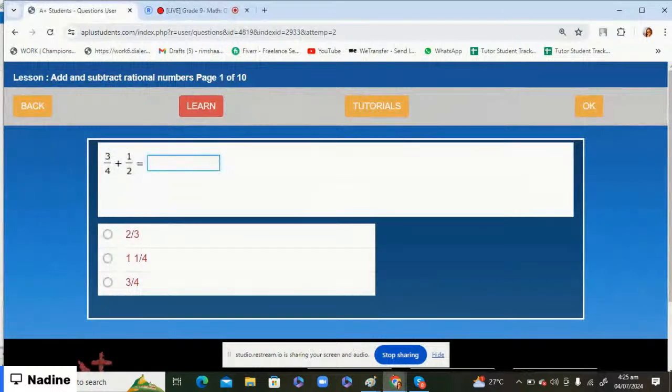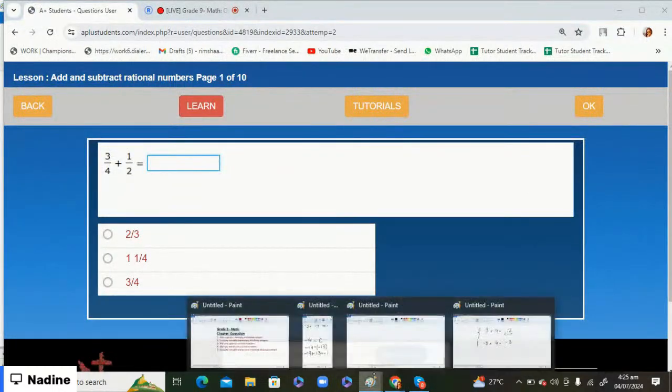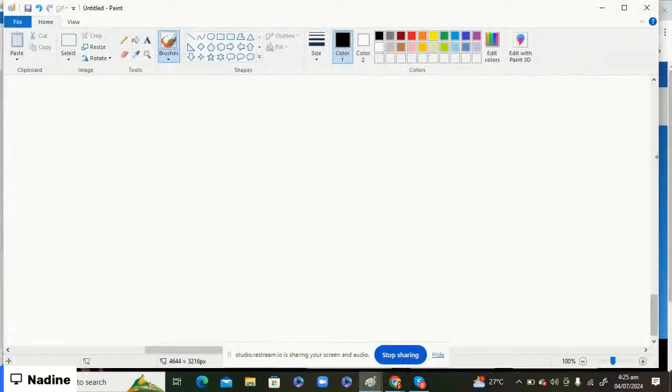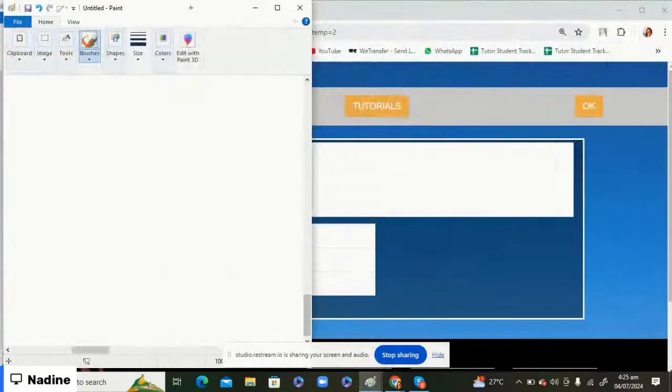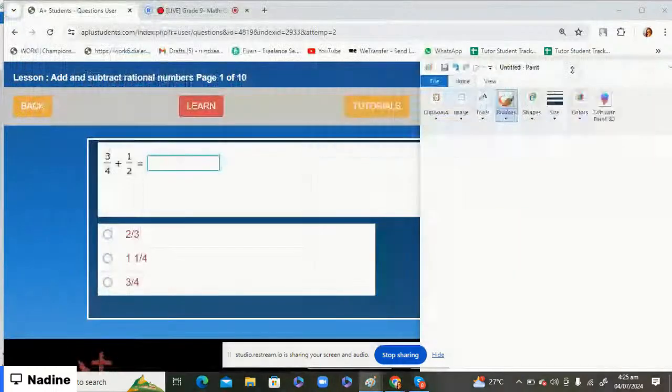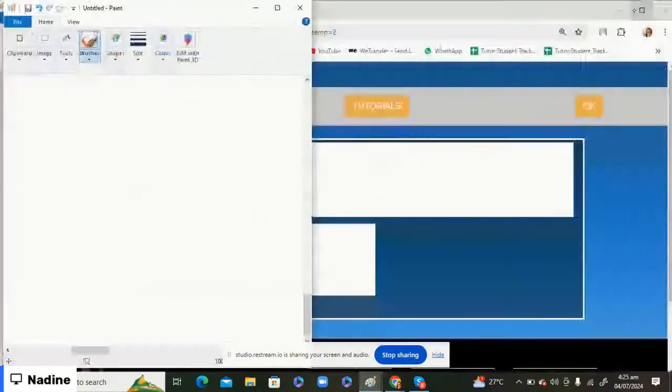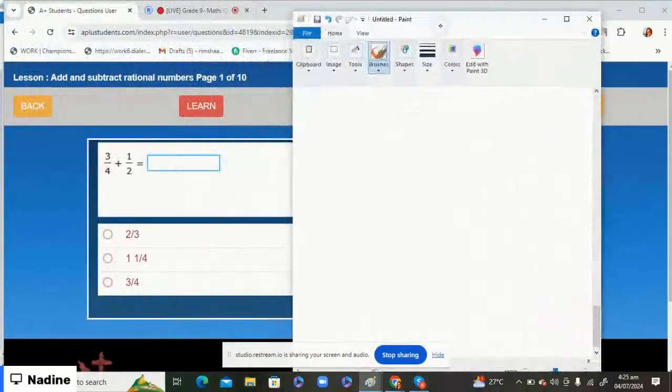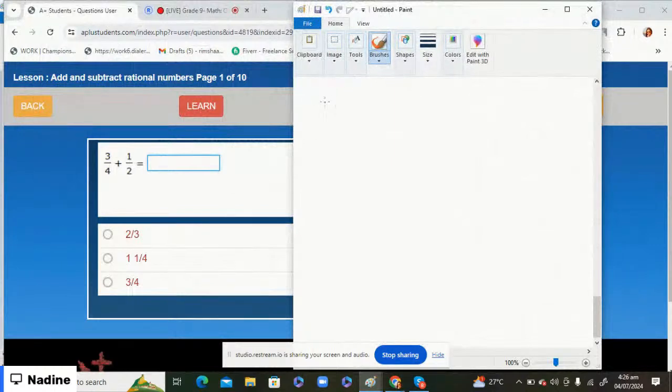So 3 by 4 plus 1 by 2. Let's do it. So it's 3 by 4 plus 1 by 2.